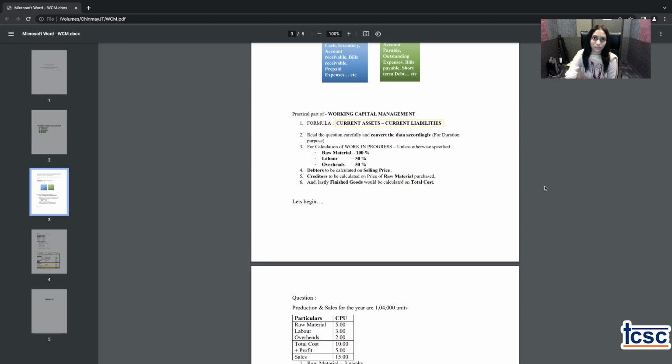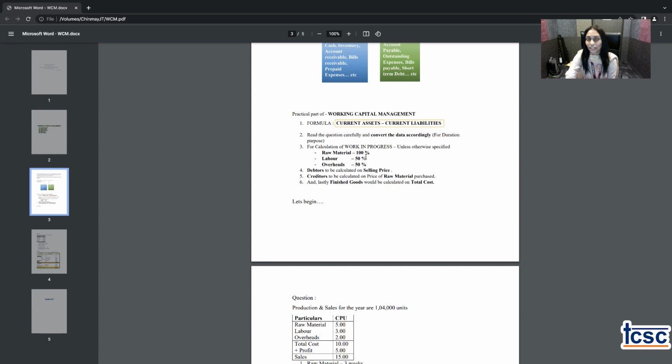Similarly, overheads. Overheads are those indirect costs which are applied to the material. Now, when it is work in progress, students, you will take material as 100% because you have put full material into process. However, labor has not done the entire work, because if labor would have done the entire work, it would not have been work in progress.